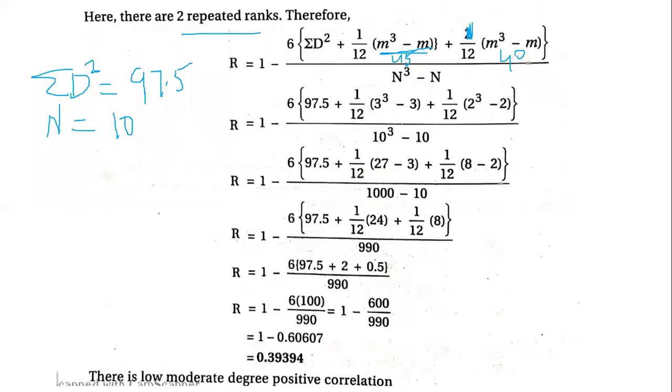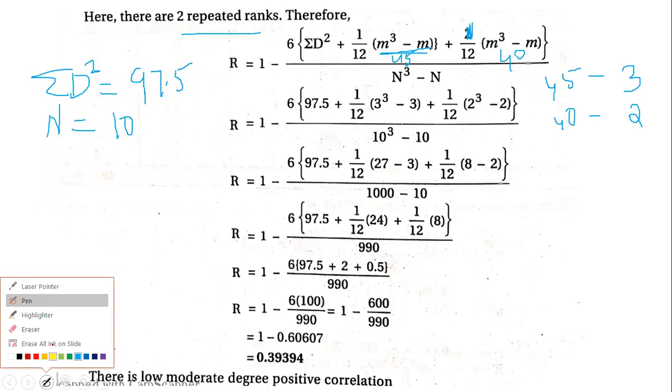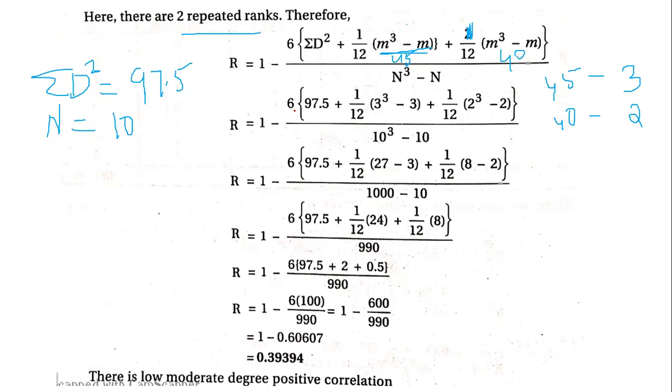Okay, so number 45 is repeated 3 times and number 40 is repeated 2 times. Okay, let us have this in mind and let us see how the calculation must be done. So 1 minus 6, 6 is the constant, into sigma d square.